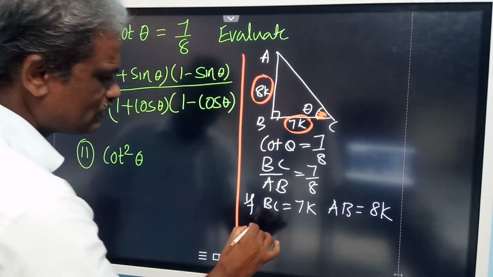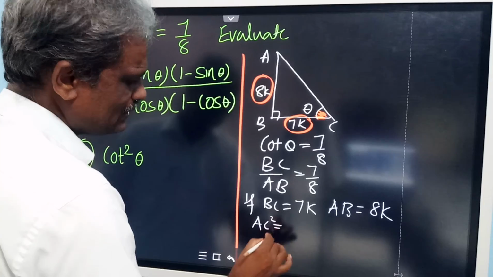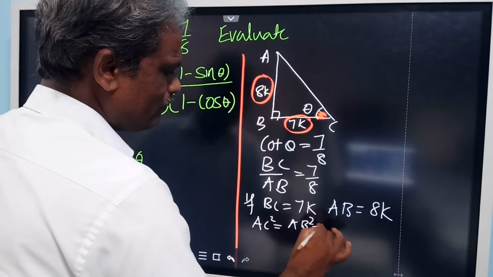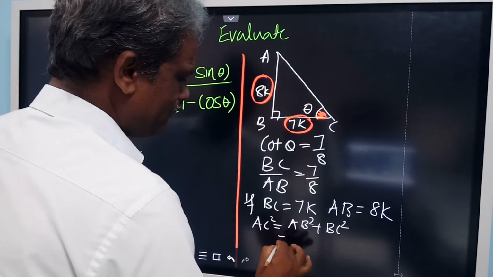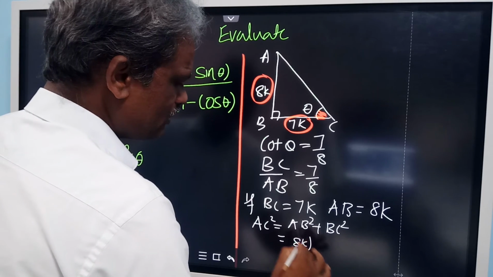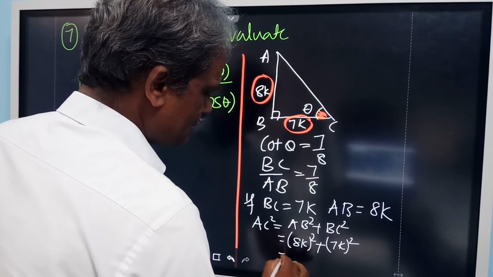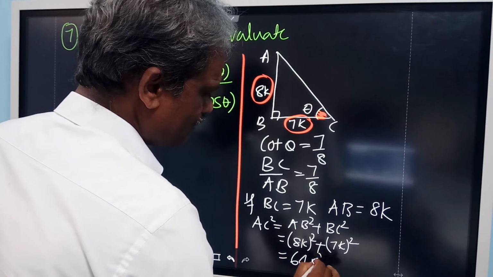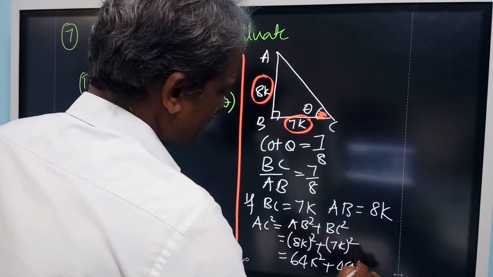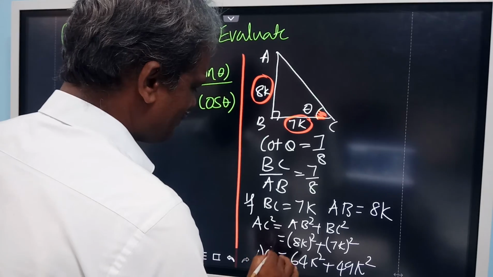Find out the hypotenuse. AC square is equal to AB square plus BC square. AB square, you know, is 8K whole square, and BC square is 7K whole square. This is 64K square, and 7 7s are 49, so 49K square. This is AC square.